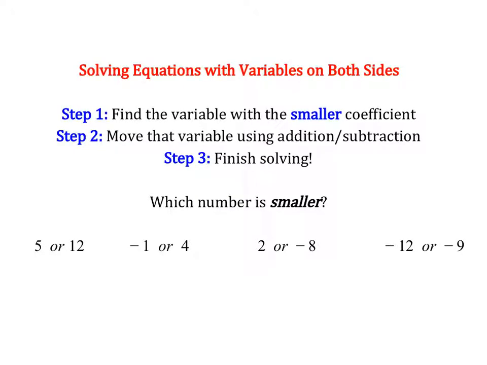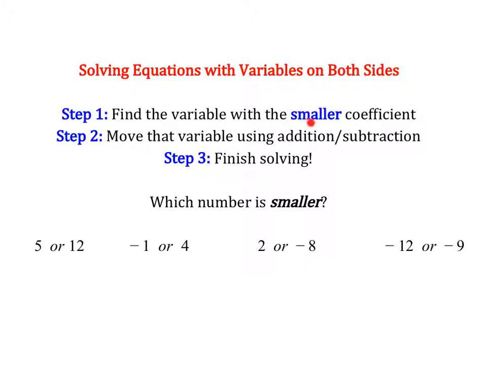Okay, so now let's talk about how we solve an equation that has a variable on both sides of your equal sign. The first thing we're going to do is find the variable with the smaller coefficient. This is going to be the variable that we want to move. Since they're on both sides, we're going to need to move one of them.